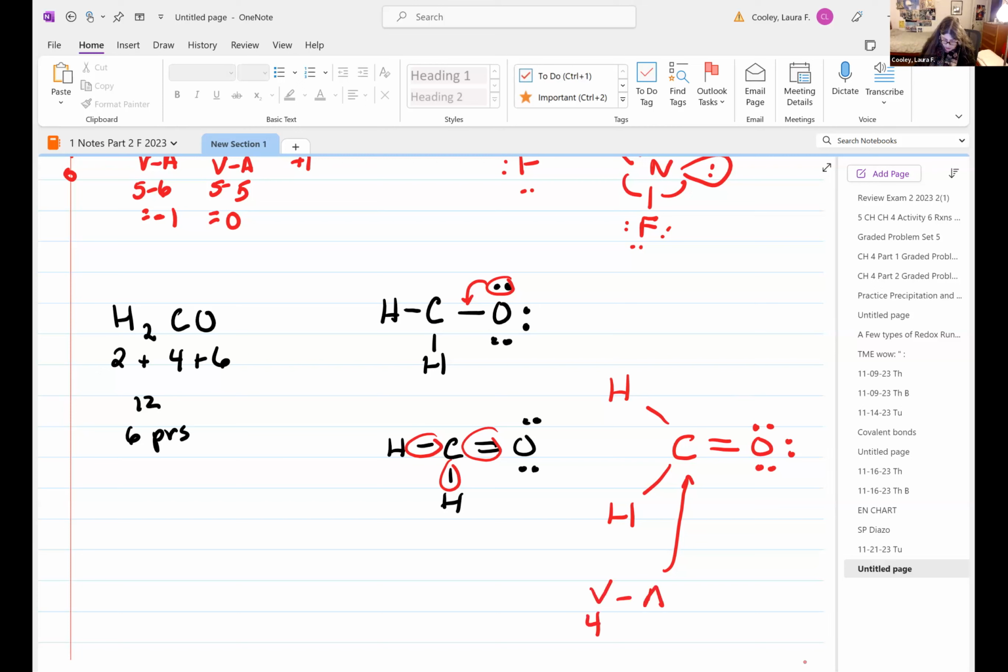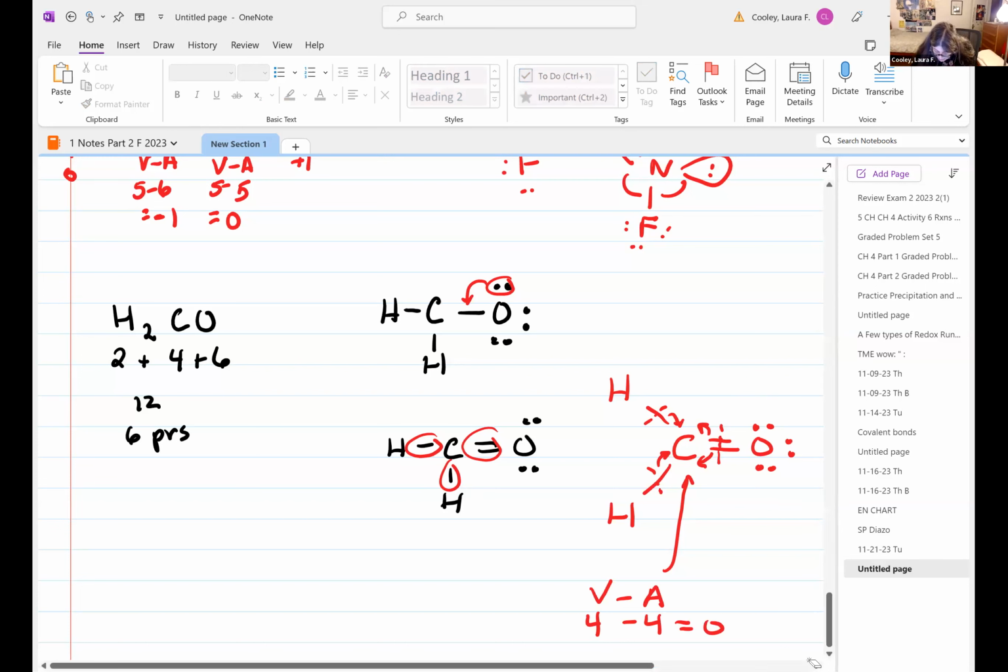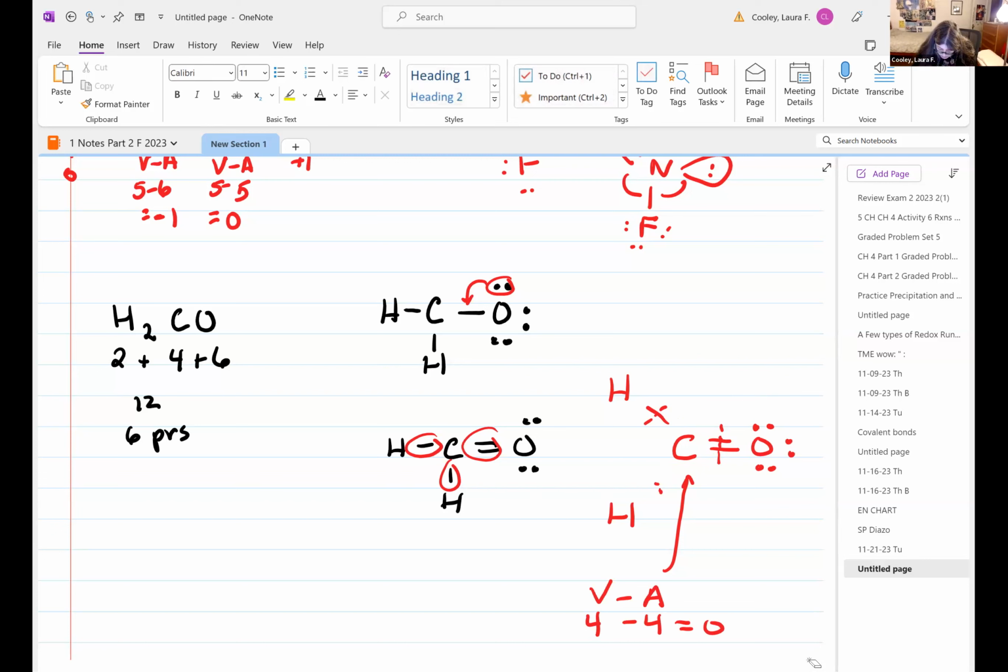The actual is half of each of these bonds. So you get 1 electron from each of these, 1 electron from this, 1 electron from that. That's 4. So 4 minus 4 is 0. So the picture is ugly and messed up, but you have a formal charge of 0 on that carbon.